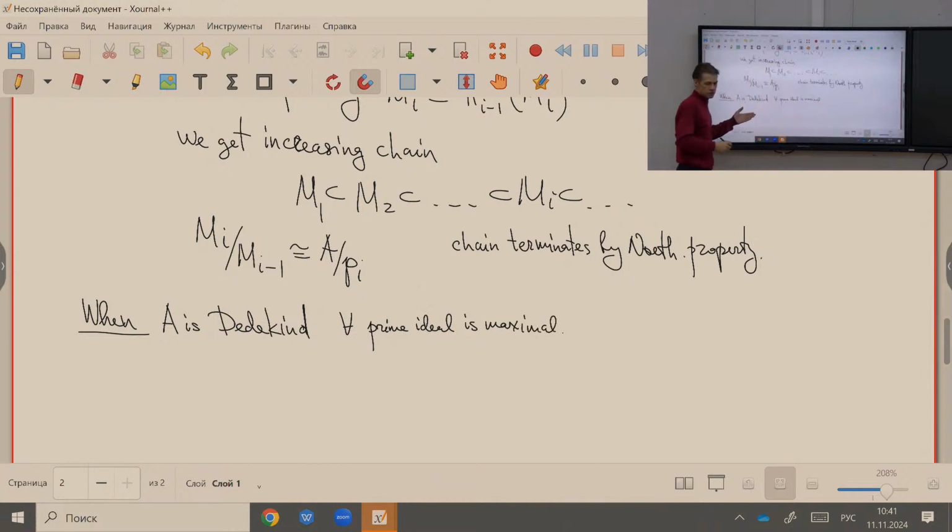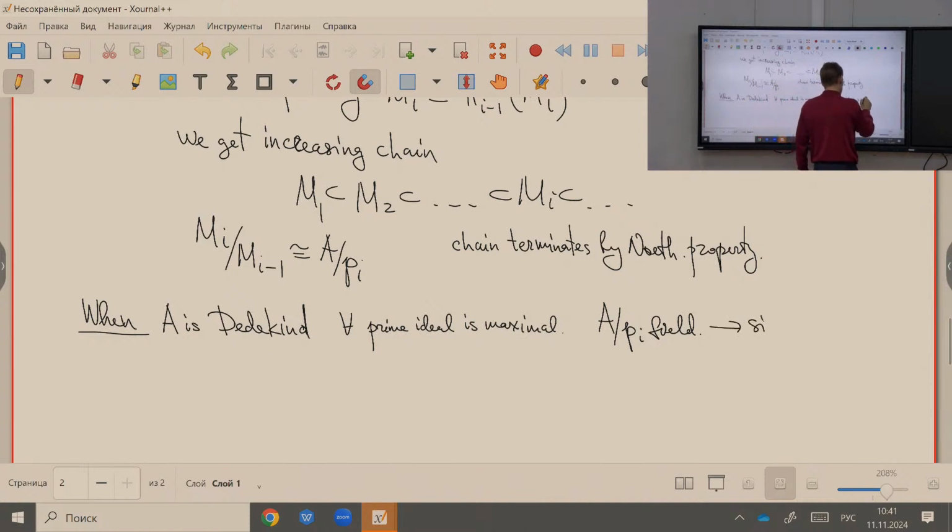And this is precisely, it tells you that A mod Pi is a field. And this is precisely the simple A modules.